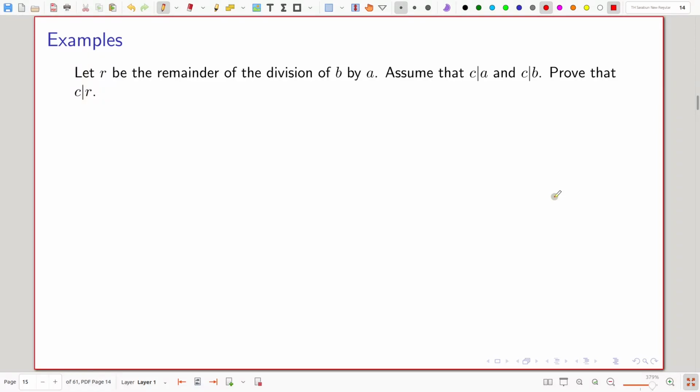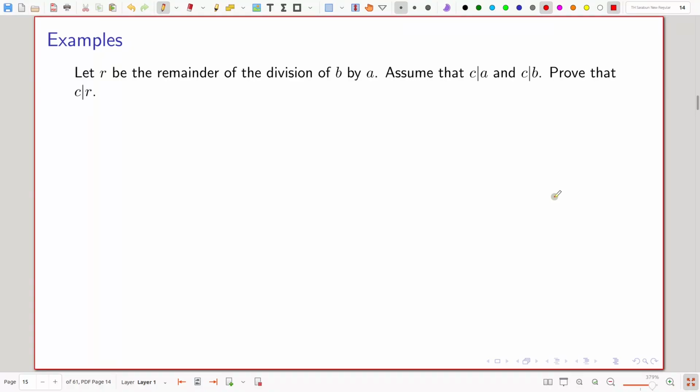The last practice that I'd like you to think about is this. Let r be the remainder of the division of b by a. Now assume that c divides a and c also divides b. Prove that c divides r. There are 4 numbers.